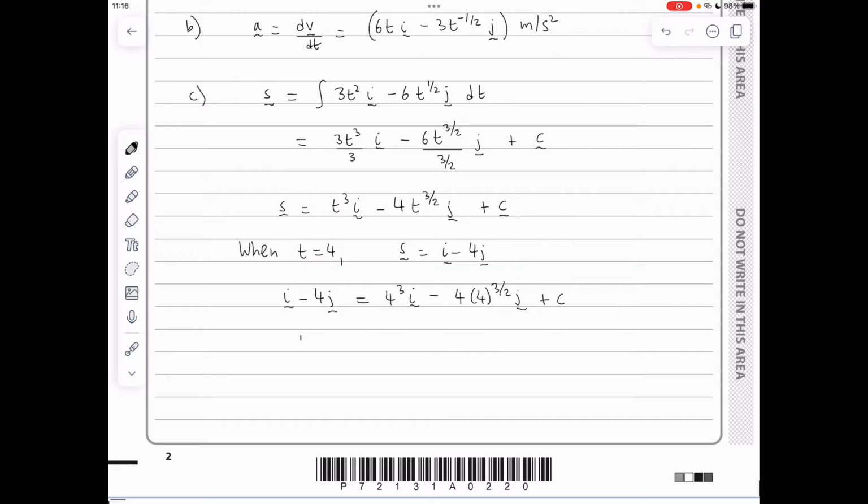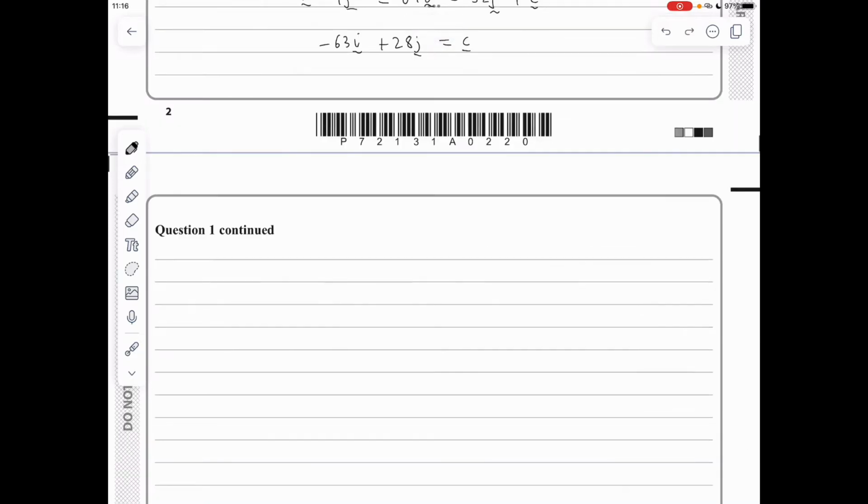This leads to i minus 4j is equal to 64i minus 32j plus c, which means that minus 63i plus 28j is equal to the constant vector c. So we can write that the displacement s is t cubed i minus 4t to the 3 over 2 j minus 63i plus 28j.